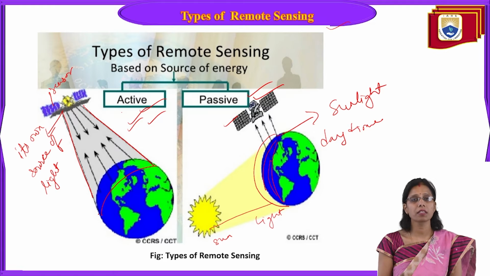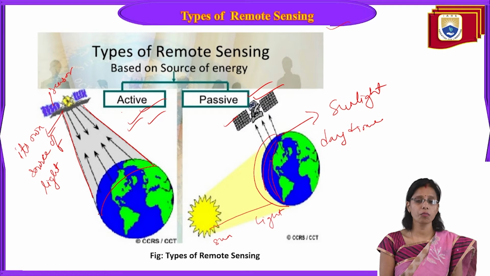We have a simple example of active remote sensing: a normal cell phone camera. If you want to capture the information at night time, what we generally do is put on the flashlight, and that flashlight will fall on the object and it will capture the information.